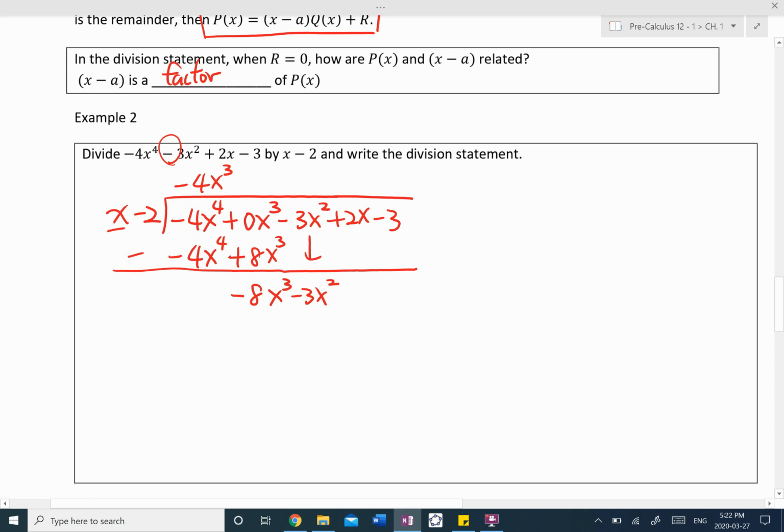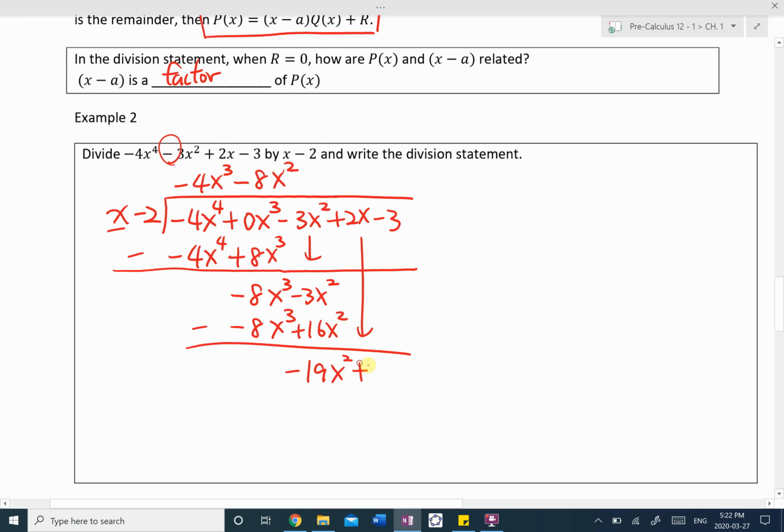To go from x to negative 8x cubed, we need to multiply by negative 8x squared. When you multiply, you should get negative 8x to the power of 3 plus 16x squared. Then you subtract, you should get negative 19x squared.